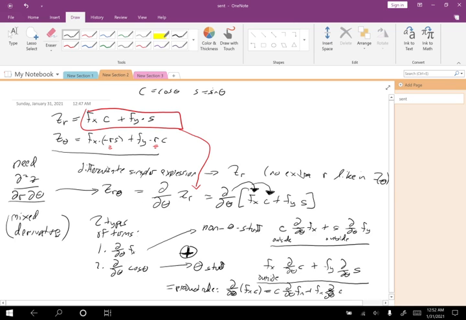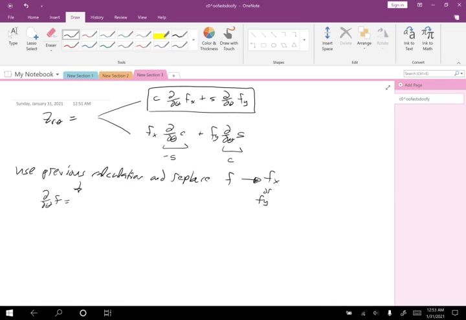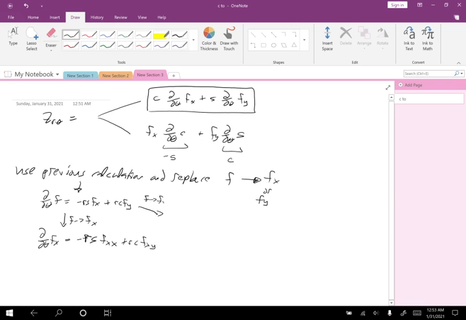So it looks like minus r s f_x plus r c f_y. Okay, so now I'm going to replace f with f_x. So d/dθ f_x is going to be minus r s f_xx plus r c f_xy. And I'm going to do the same thing. I'm going to replace f with f sub y. So now you just write it again. So minus r s f_yx plus r c f_yy.